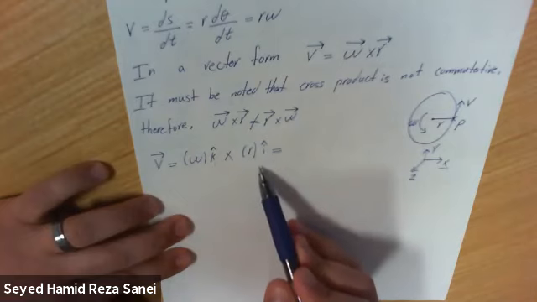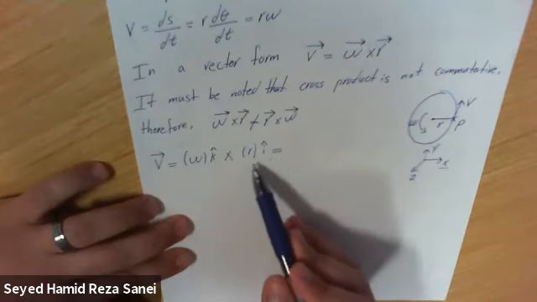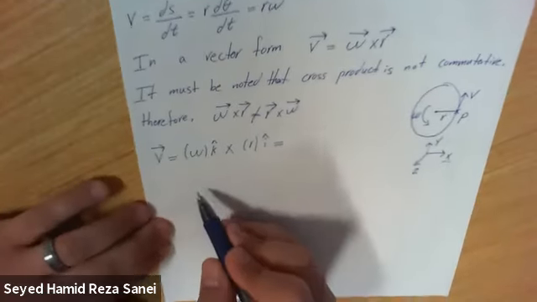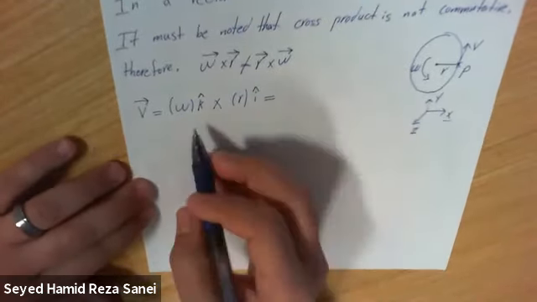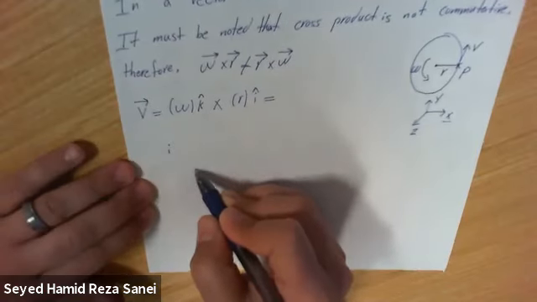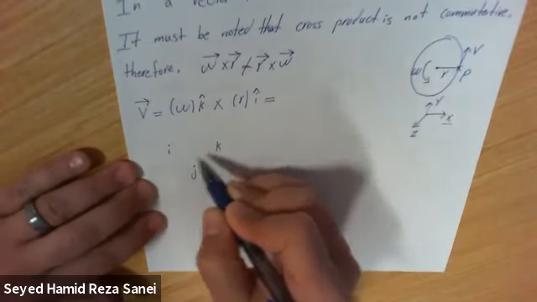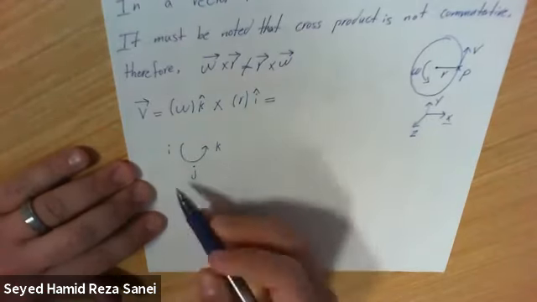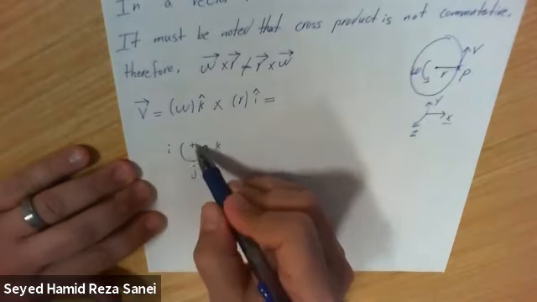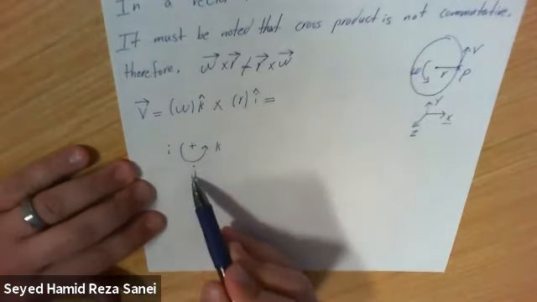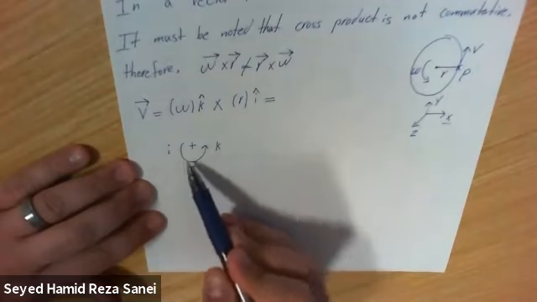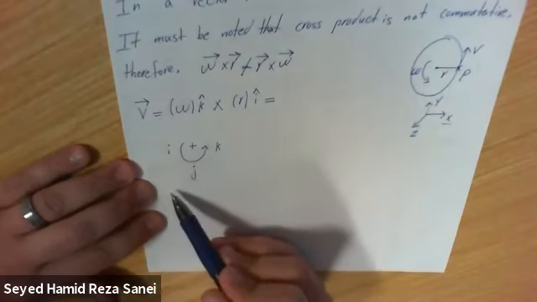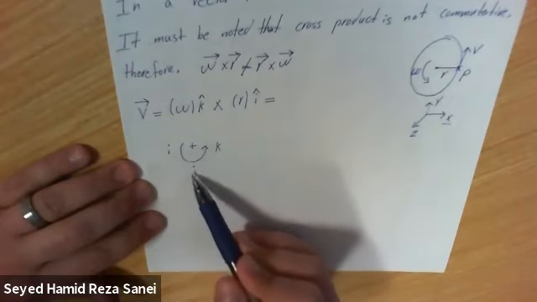Either you can write the definition of the cross product in a matrix format, or you could use this circle definition to find the answer for your cross product. i, j, k positive, which means that i cross j would be k if the order is in the counterclockwise direction. k cross i would be j.